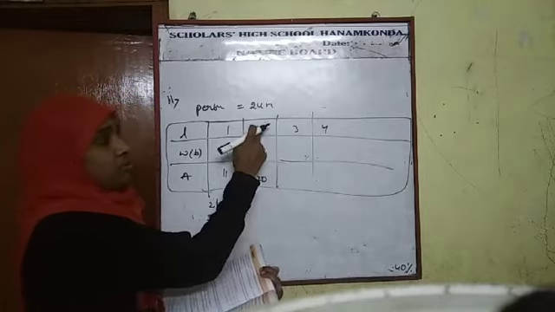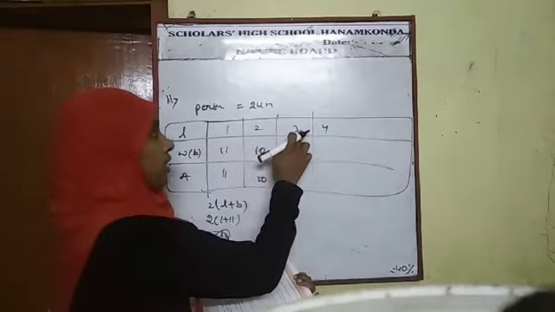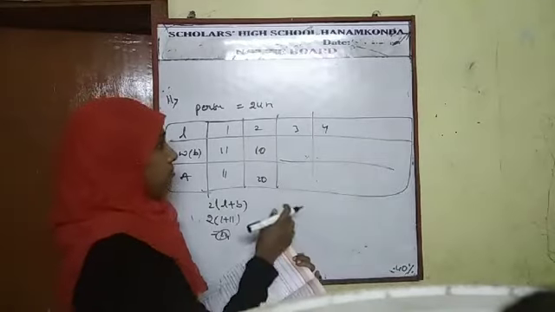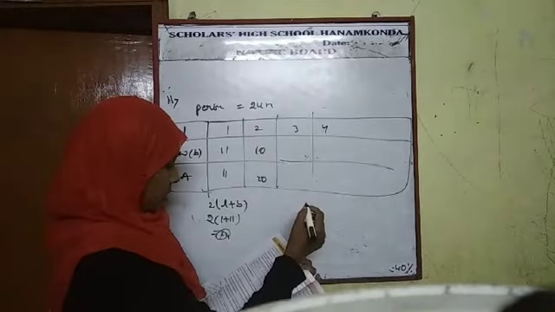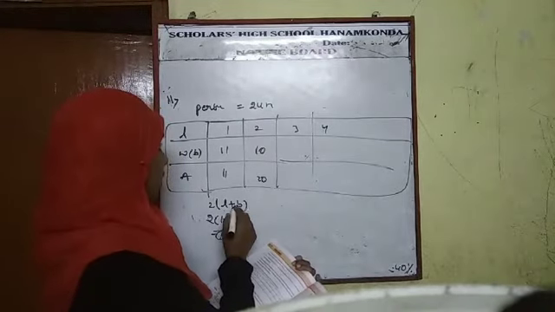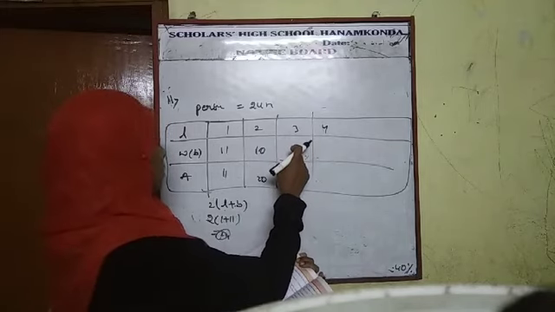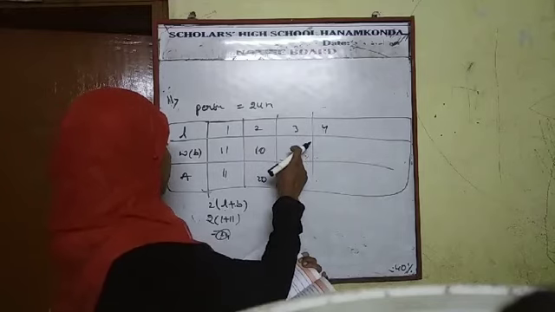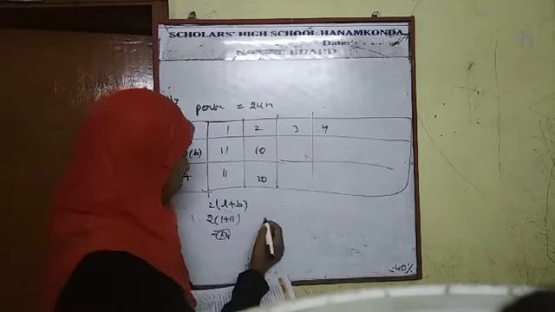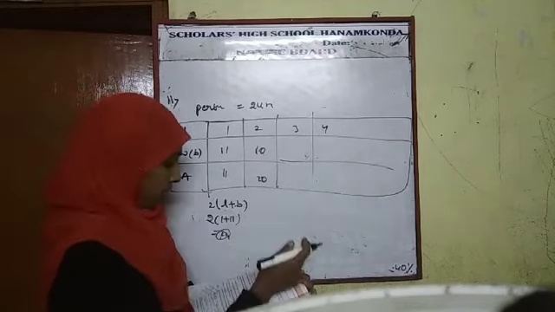See, 10 plus 2, 12, 12 twos are 24. Okay. Length plus breadth into 2. It's 2 plus 3. See here, how much you have to take? You get 24 here.